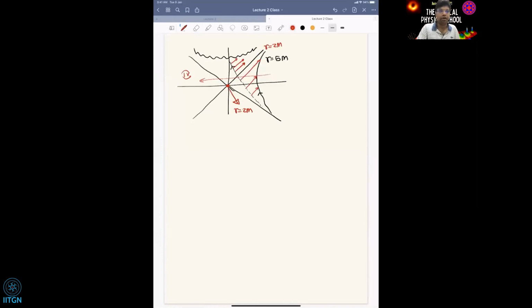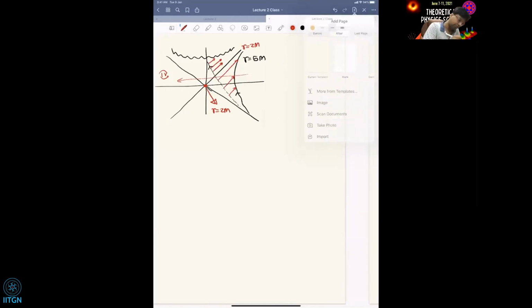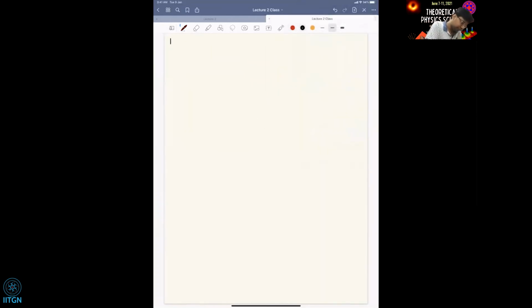So let me look at the new part, where we will start to understand how test particles move in the Schwarzschild geometry. So let's start part 2. For most of the discussion, the Kruskal extension is just a mathematical extension.